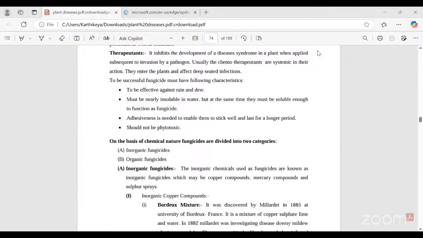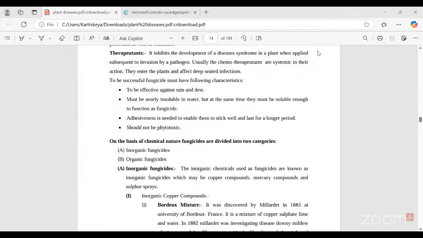To be successful, fungicides must be resistant to rain and dew. They must be nearly insoluble in water, but at the same time, soluble enough to function as fungicide. Adhesive is needed to enable them to stick well and last for a longer period, and they should not be phytotoxic.